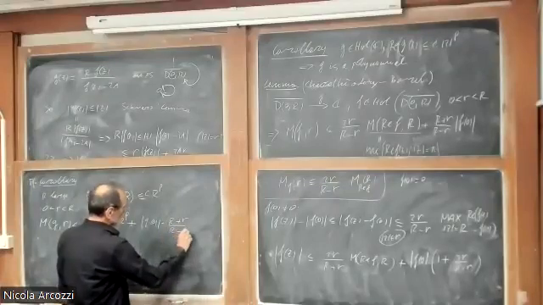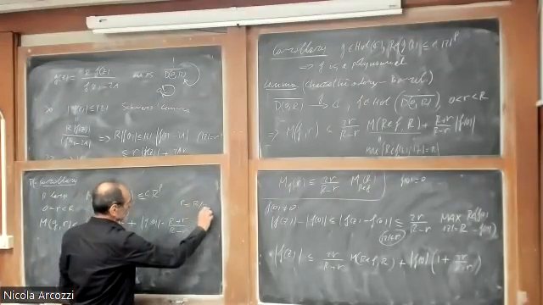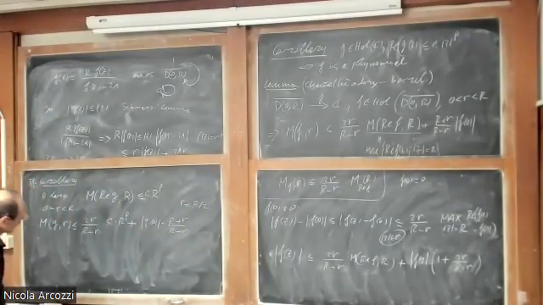Well, now I take like little r equal to r over 2, so that becomes 3.